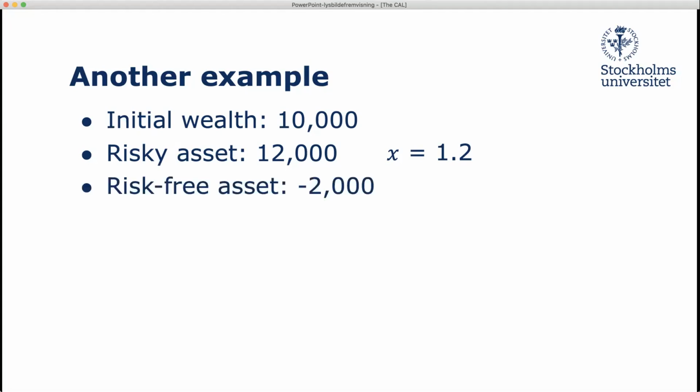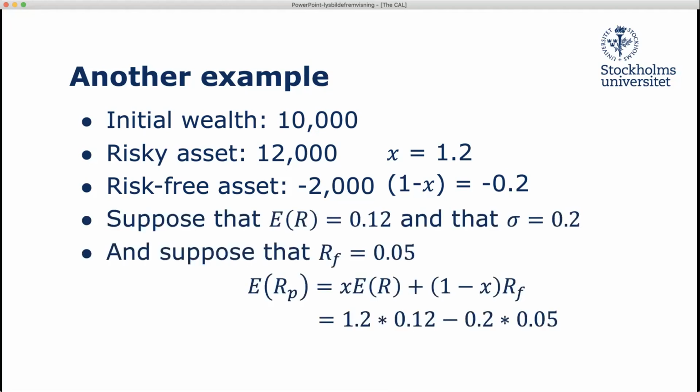And then the weight on the risk-free asset is equal to minus 0.2. Note that what we are doing is that we are investing all our wealth in Ericsson plus 2,000. This additional 2,000 is obtained by borrowing at the risk-free rate. The expected return of our portfolio is now equal to 13.4%, and its standard deviation is equal to 24%.